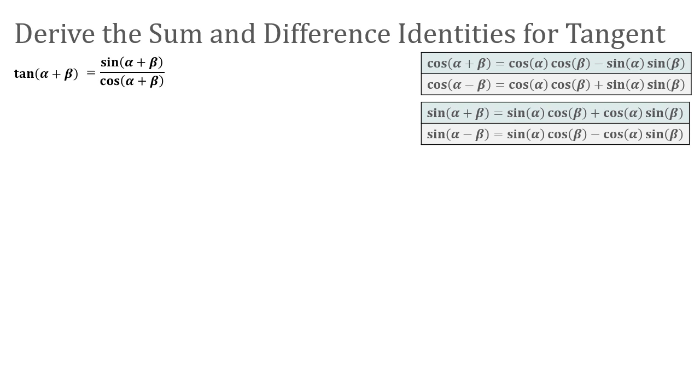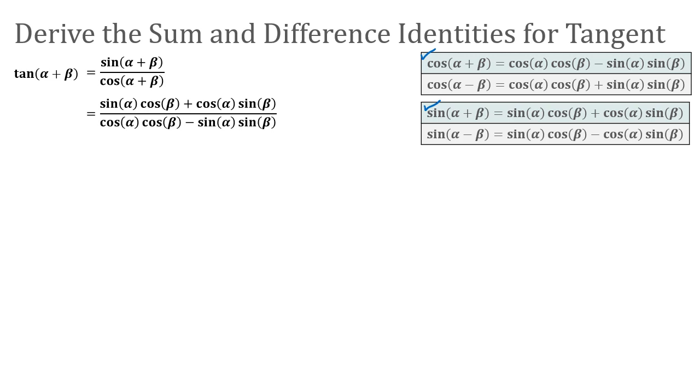So we are going to be using those identities. The sine of alpha plus beta is listed here for us, and the cosine of alpha plus beta is also listed for us. We've seen these before, so I'm just going to go ahead and substitute those in, and it's going to look like this.